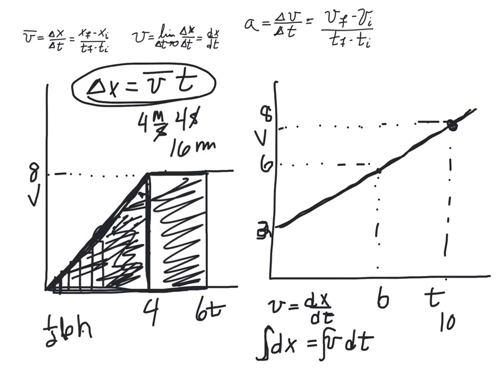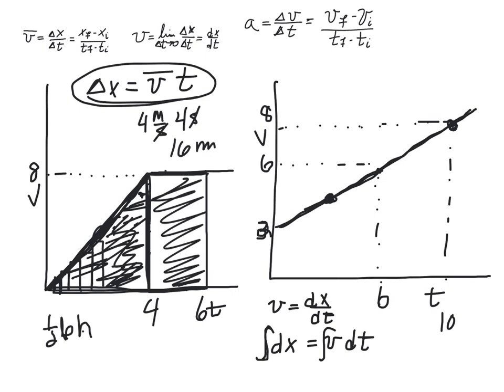If we come over to this one and we want to get the distance it covered, well, it started at 2 and it went to 6. So the average velocity during this interval is 6 plus 2, 8, divided by 2, that's 4. So it's averaging 4 over 6 seconds.